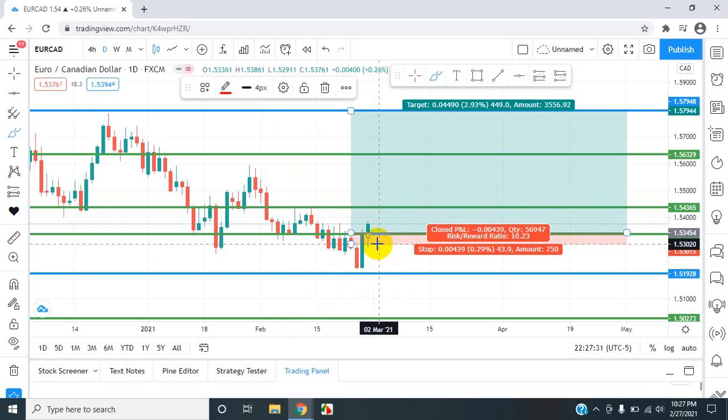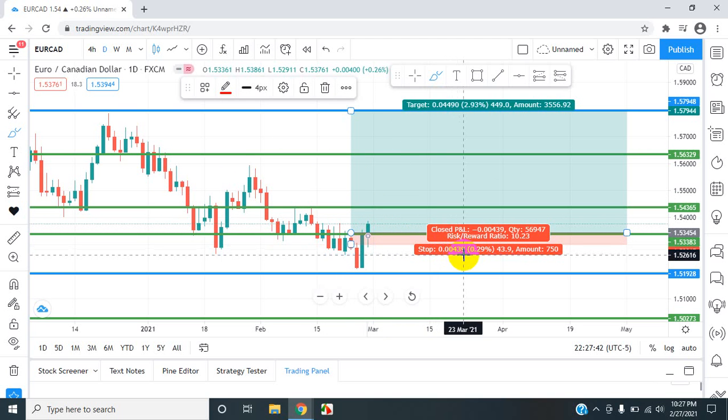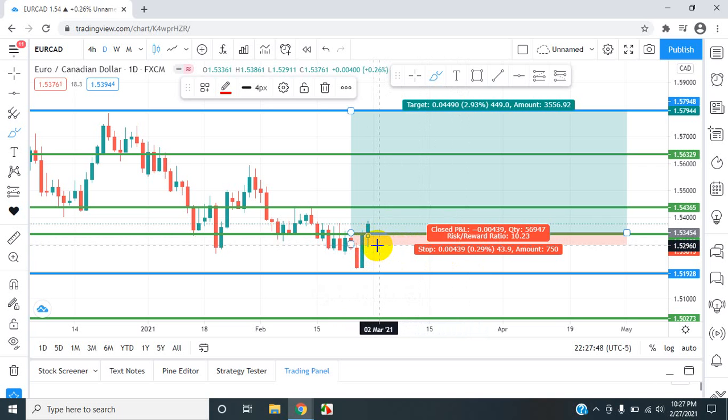So even though I said I felt the TP will be 449 pips and our stop loss will be 43 pips, we can see in this area here, this wick would have knocked us out of our trade.